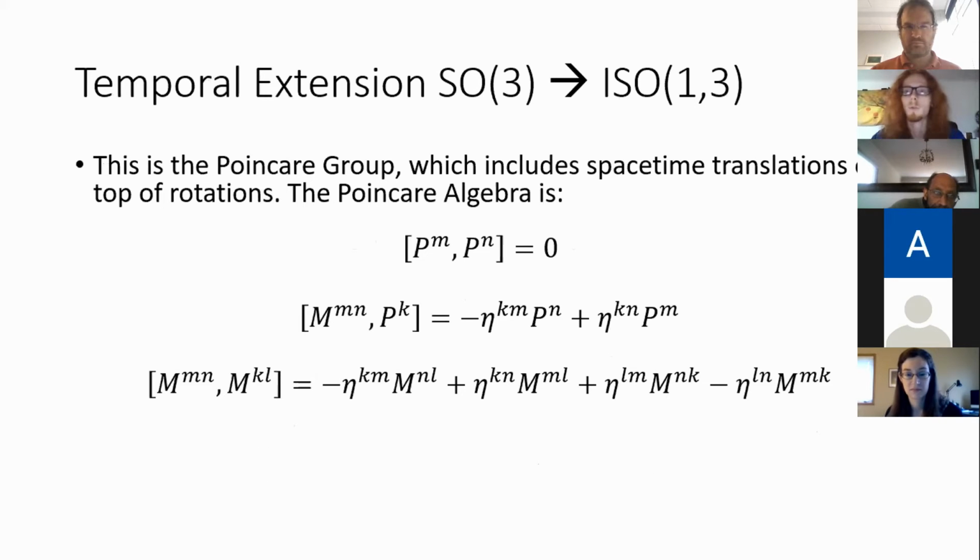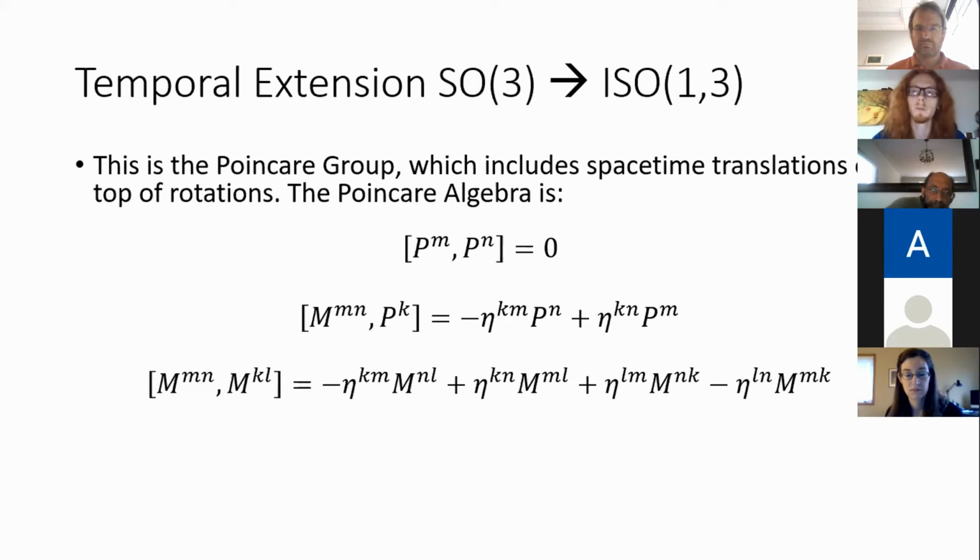Okay. So to move on, I want to extend this 3D rotation group to include a temporal dimension, as well as space-time translations and Lorentz transformations. Because I can write these algebras very concisely with commutation relations, this group with the space-time translations, etc., is called the Poincare algebra.